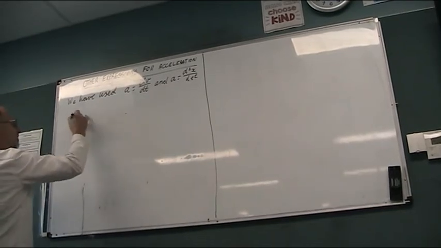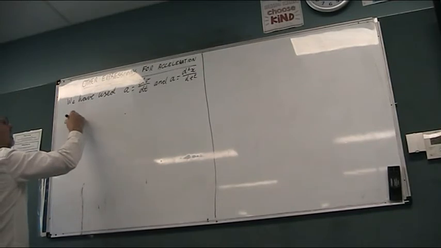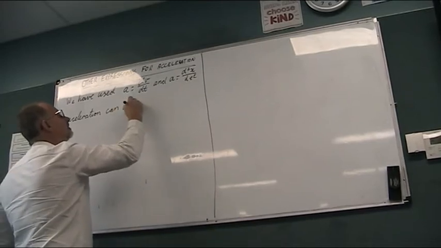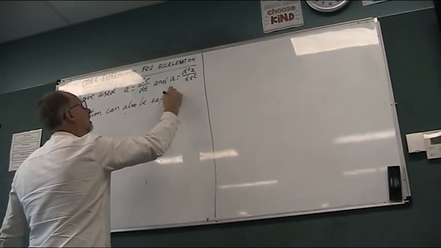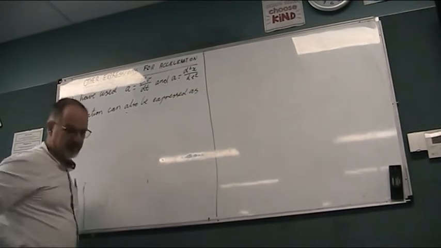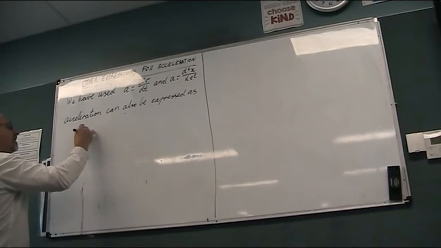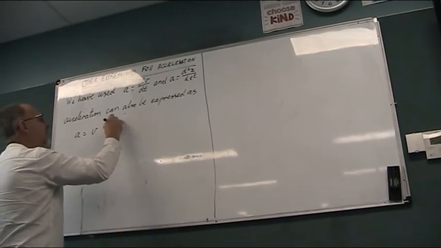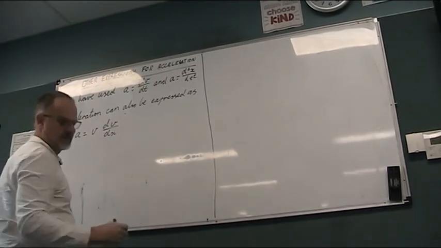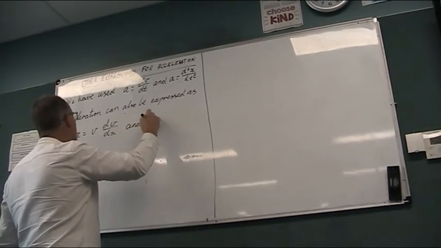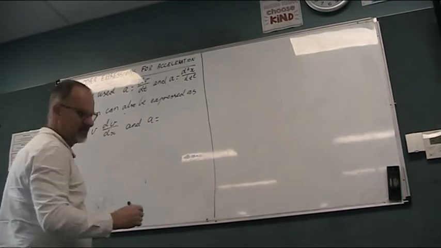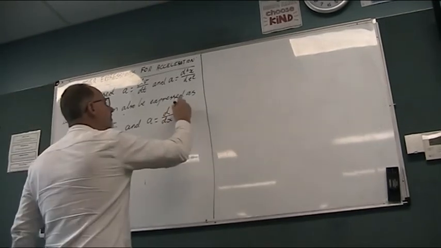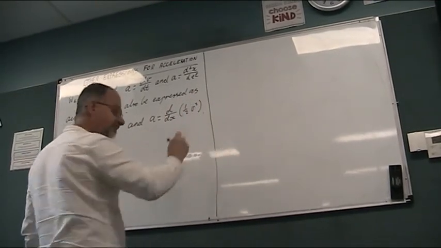Now, acceleration can also be expressed as velocity times dv/dx, and the other one is the derivative with respect to x of half v squared.